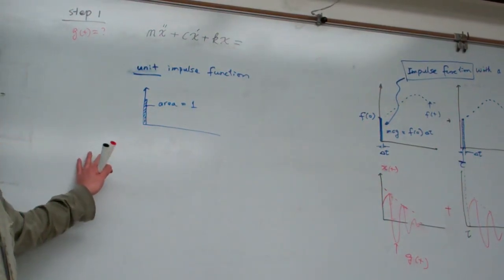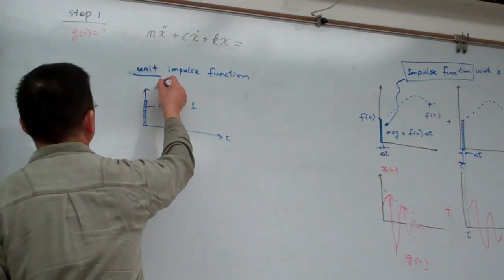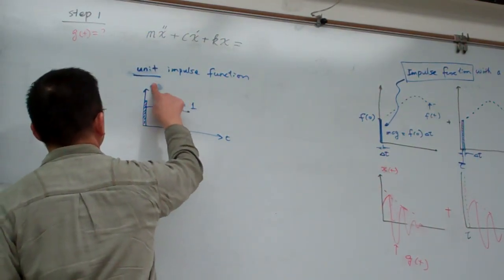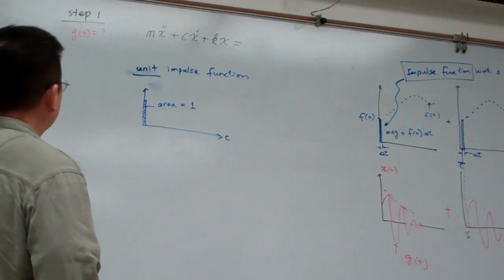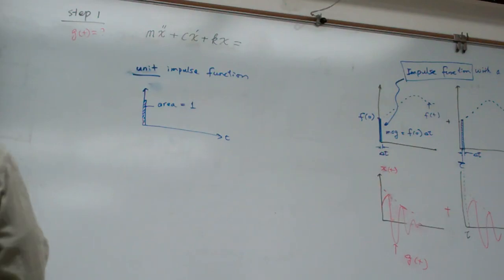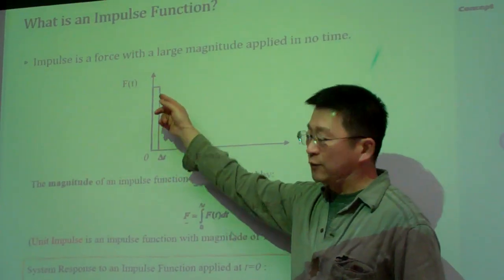So that is an impulse function here. Okay. So just like here, we define the unit impulse. That means this area equal to 1.